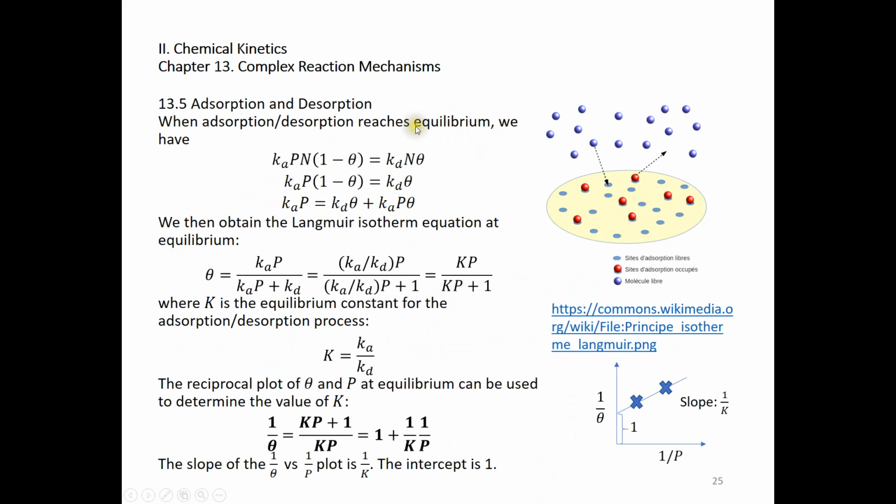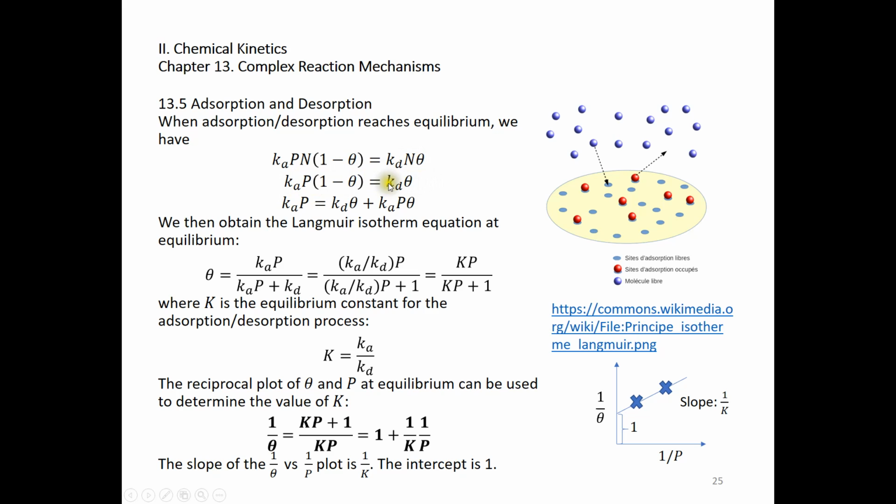So we have k_A, the rate constant for adsorption, times P, the pressure of the gas molecules, times N times 1 minus theta, where N times 1 minus theta is the number of unoccupied sites. Now the desorption rate, k sub D is the rate constant, times N theta, the number of occupied sites. The uppercase N cancels, where N is the total number of sites. Now we have this equation.